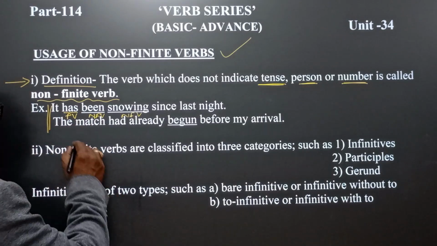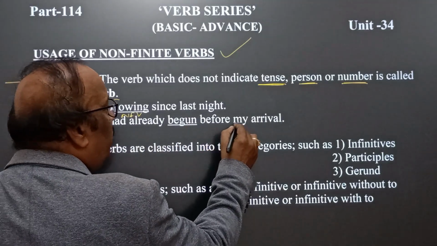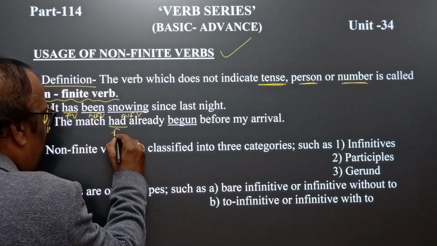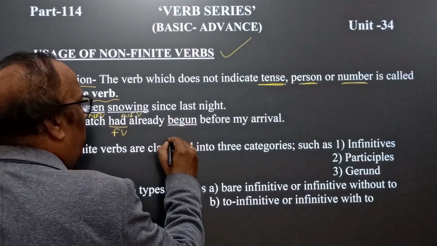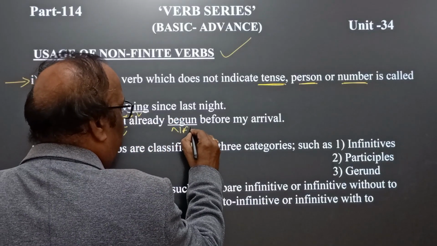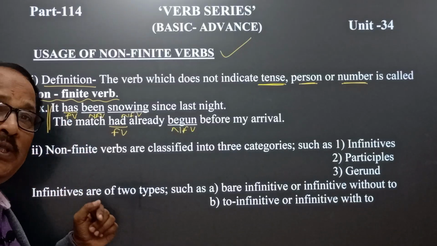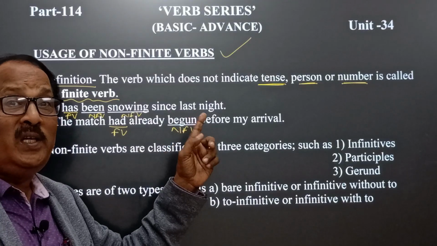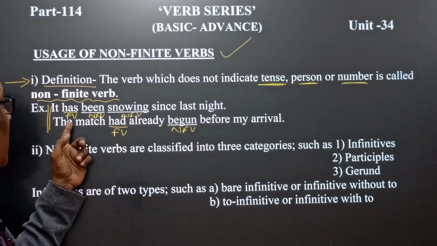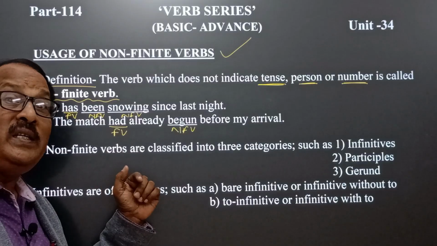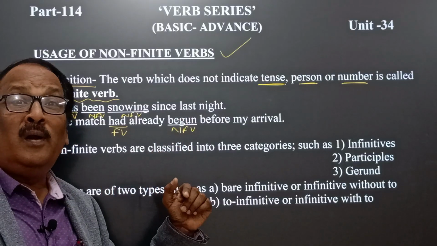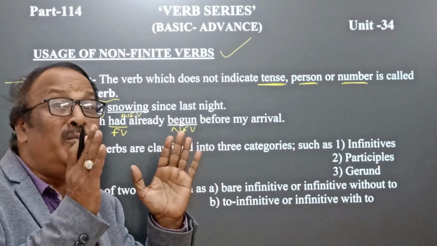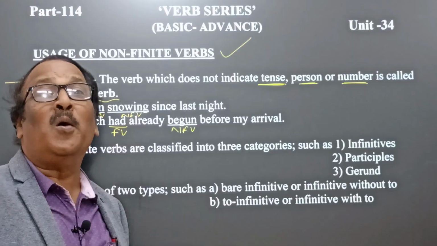Second example: the match had already begun before my arrival. Here had is the finite verb, but begun is the non-finite verb. Had keeps a relationship with the match, the subject, but begun doesn't. Had expresses tense, but begun doesn't express tense. This is the difference between finite and non-finite verb.